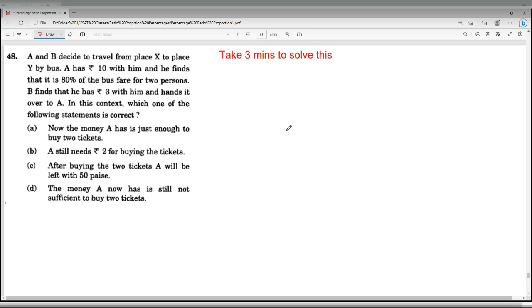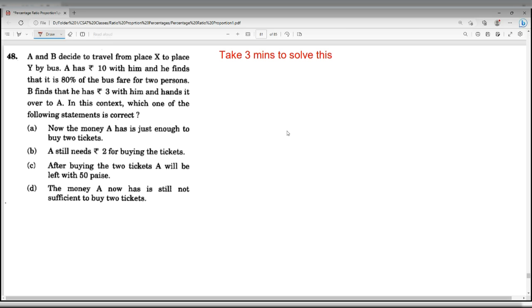They're saying that A and B decided to travel from X to Y by bus. A has 10 rupees with him, and he finds that it is 80% of the bus fare for 2 persons. B finds that he has 3 rupees with him and hands it over to A. In this context, which one of the following statements is correct?